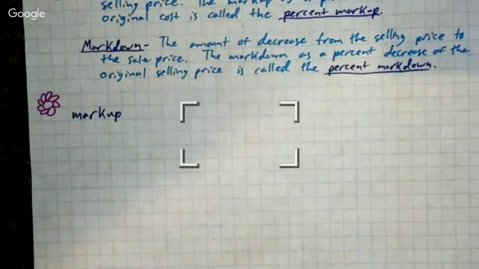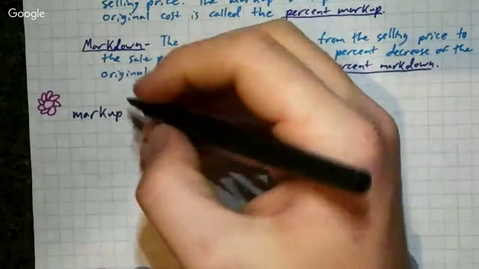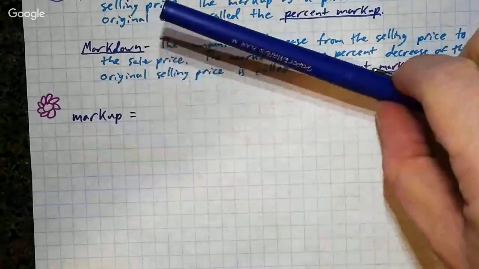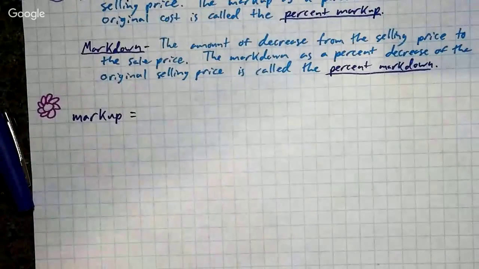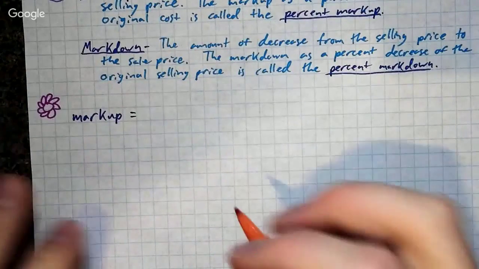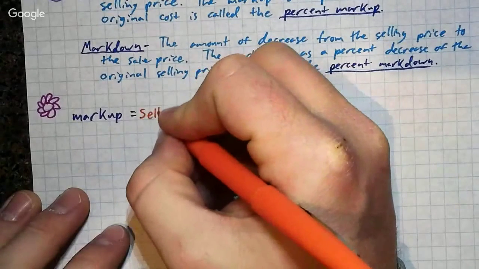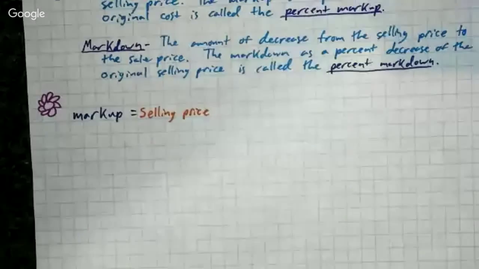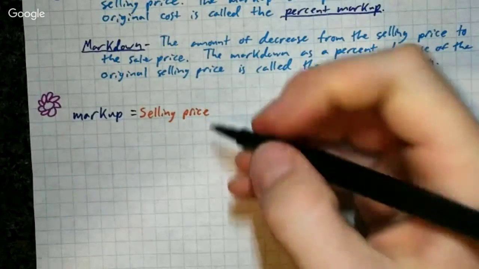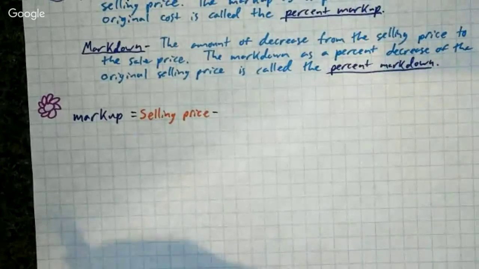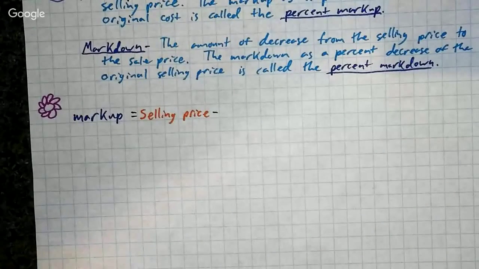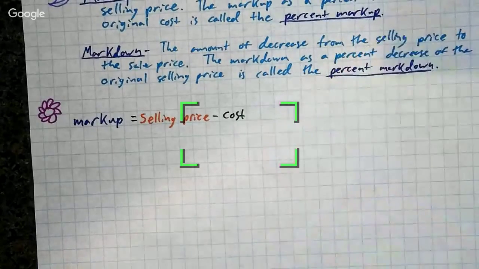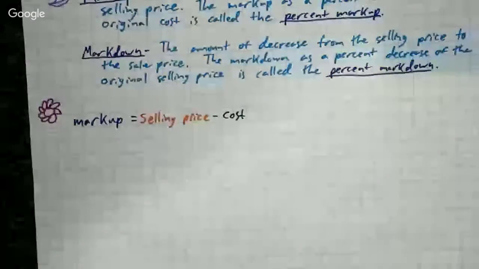The markup equals the selling price, and I'm going to go with orange for the selling price, minus the cost, and green is going to be my cost. So that's how to find the basic markup.